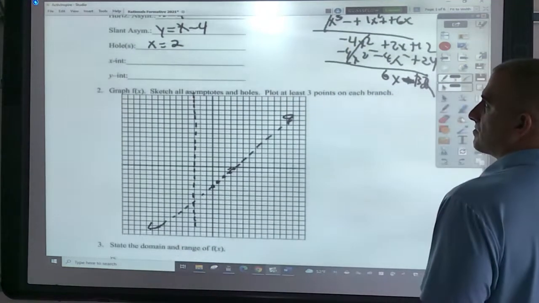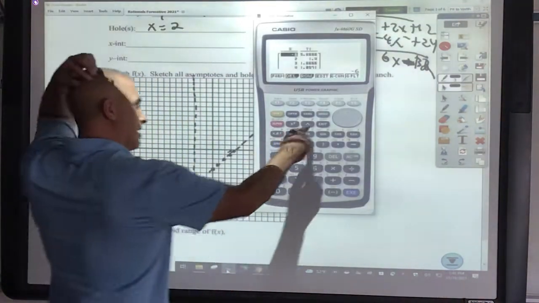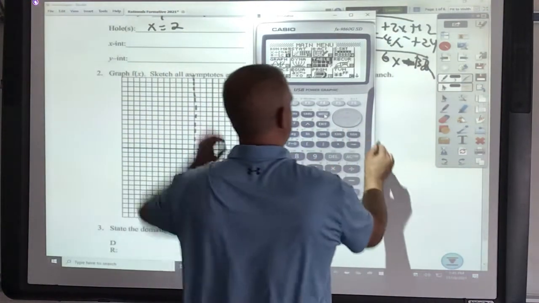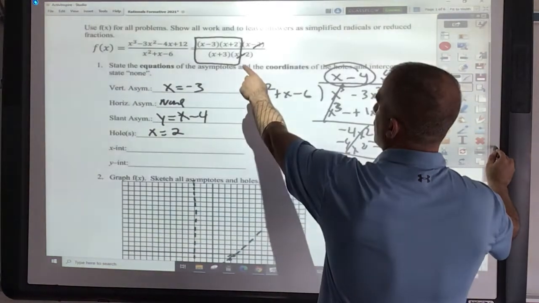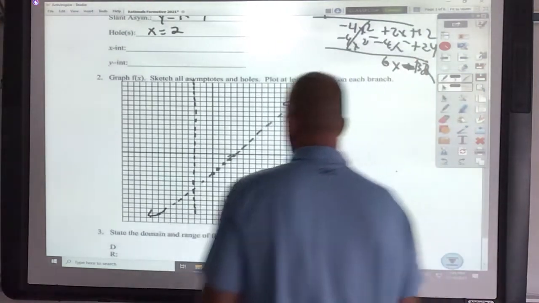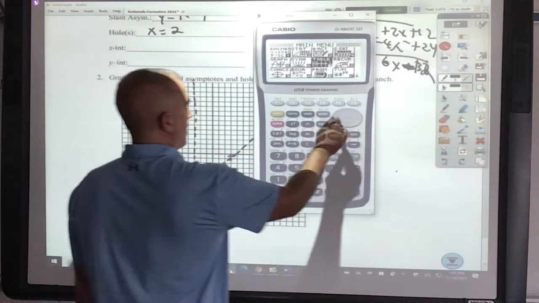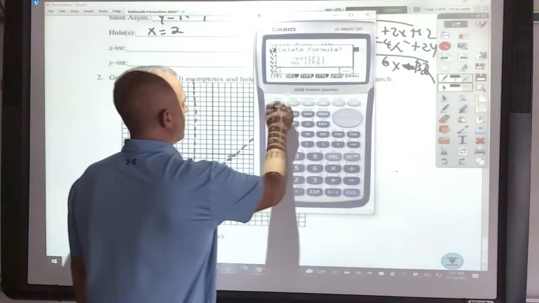Now, what I have to account for in my graph, so what I want to do is graph what was left over, so x minus 3 times x plus 2. So I'll have to be a little creative here.